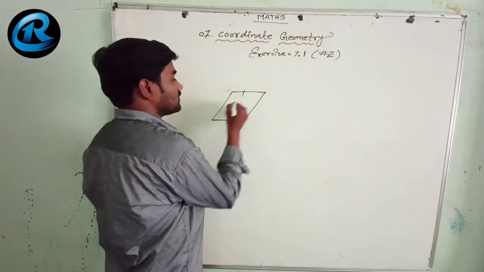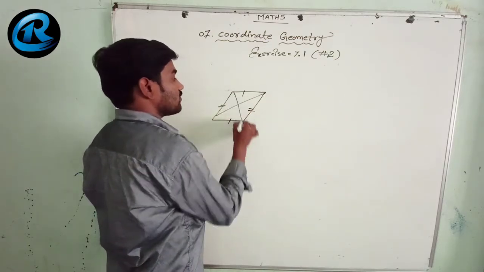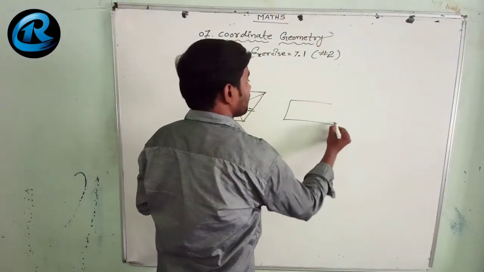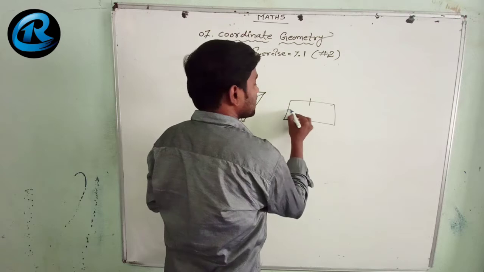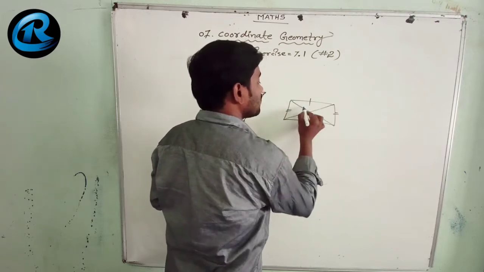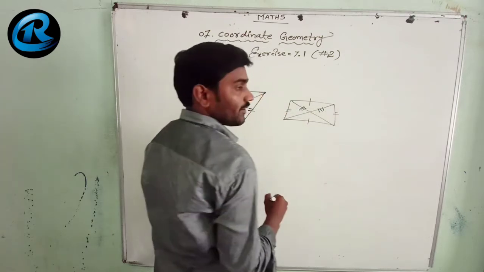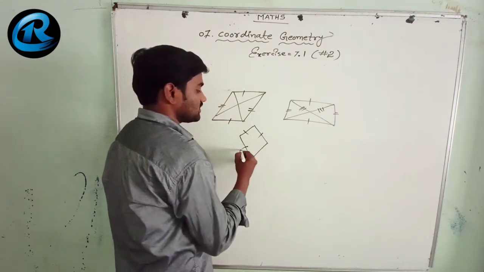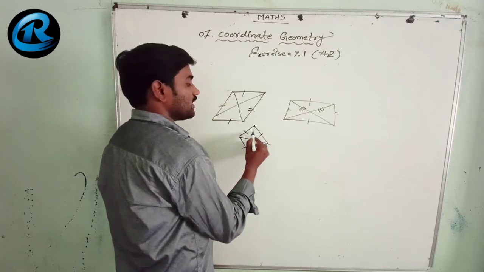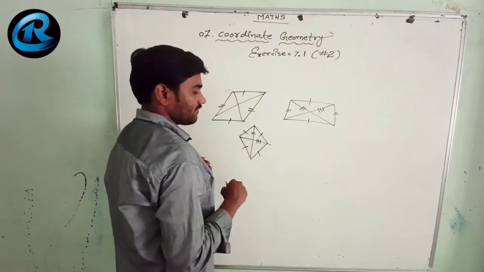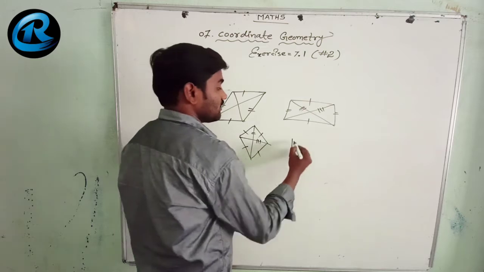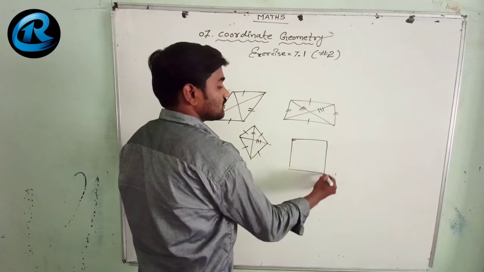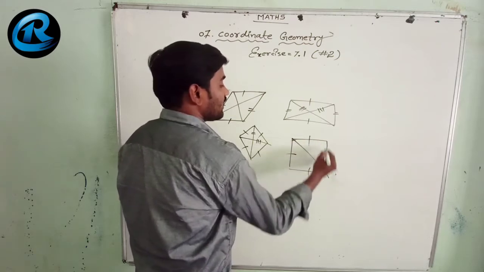In parallelogram, opposite sides are equal and diagonals are not equal. In rectangle, opposite sides are equal and diagonals are also equal. In rhombus, all the sides are equal, diagonals are not equal. In square, all the sides are equal and diagonals are also equal.